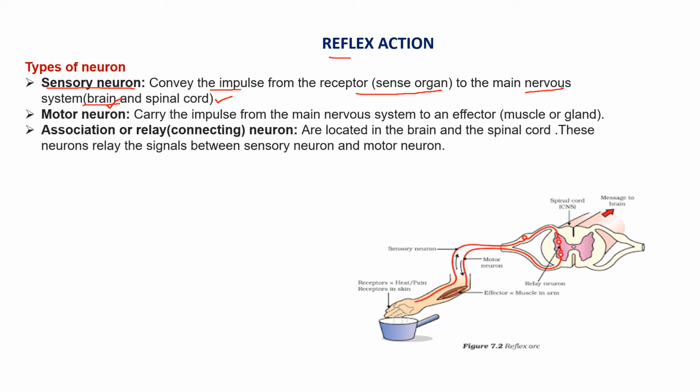Once the information is taken to the spinal cord, the spinal cord immediately gives the instruction to run away, to jump. Which muscles help you jump? Your limb muscles, which include the forelimbs and hind limbs, that is, your hands and legs.